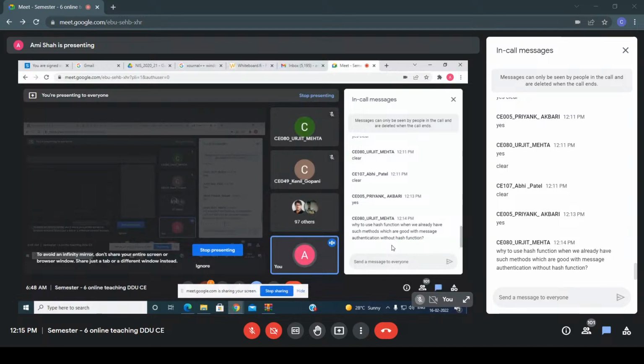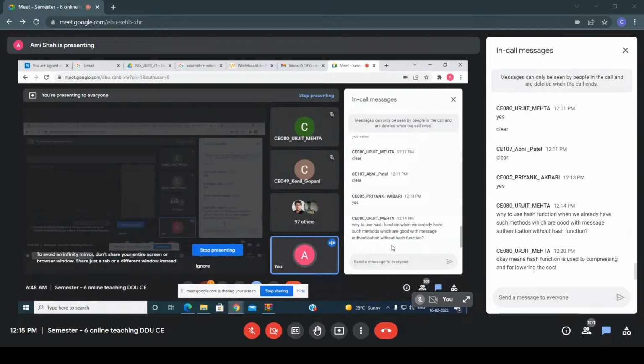If you are not using the hashing technique and not compressing the message, then it becomes very costly. What the hash function does is compress the message. Let's say there is a variable-length message, very large, and I apply a hash function like SHA-512 to it. As output, you get a fixed-size message. Then, with the help of a key, you encrypt that fixed-size message. Without hashing, encrypting the message becomes very costly, Urjit.